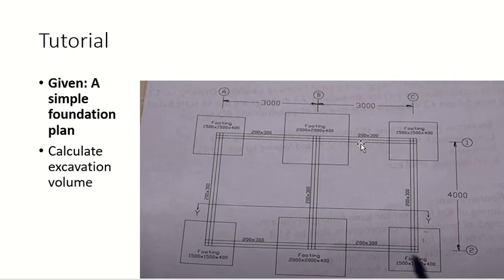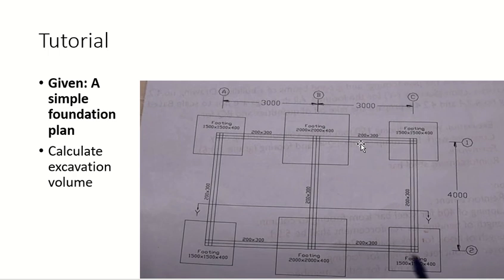Number 1. What size? Now, what is 400? 1500 by 1500 is the size, right? Area. I understand. What is 400? The depth. But I said the depth is 1 meter, for excavation. So we have the footing. I'm now looking at the cross section. This is my excavation.